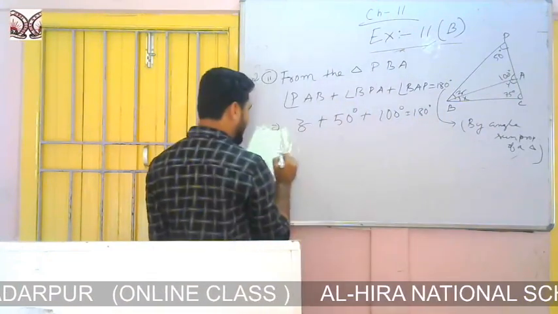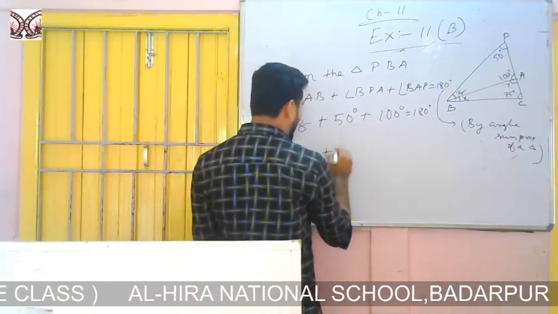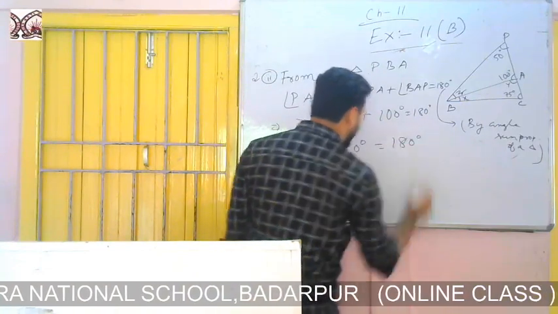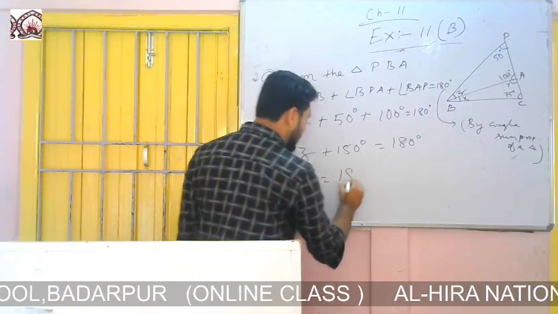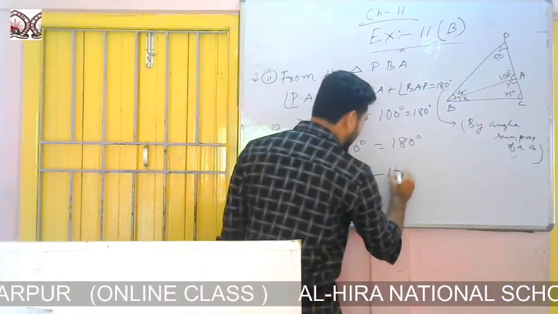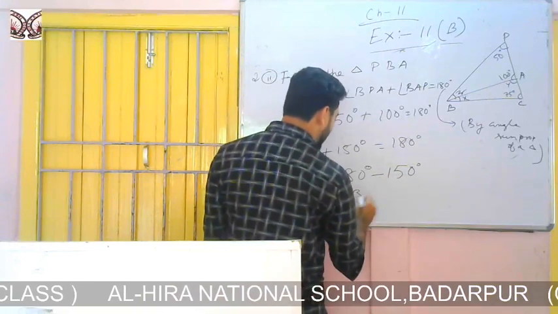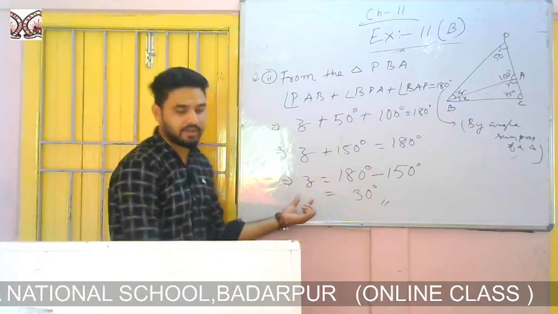So from that I can find angle Z. If I add, we will get 150 degrees equals to 180 degrees. Now Z equals to 180 degrees minus 150 degrees. If I subtract, then we will get 30 degrees. So that is the measure of angle Z.